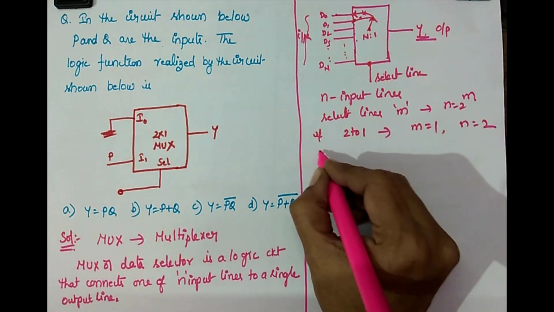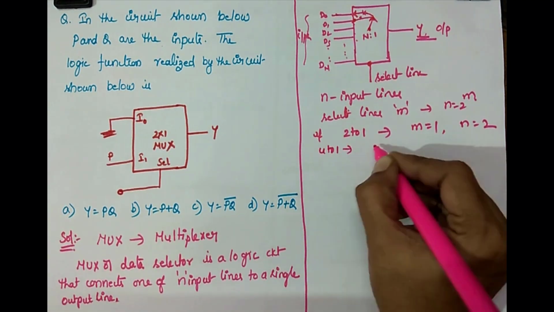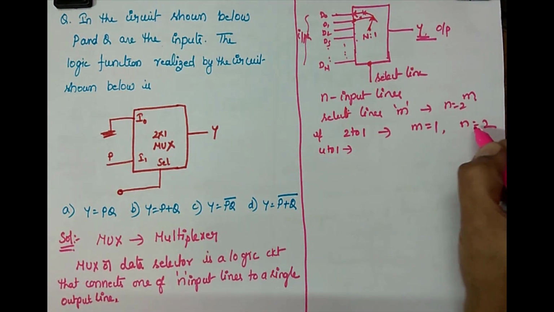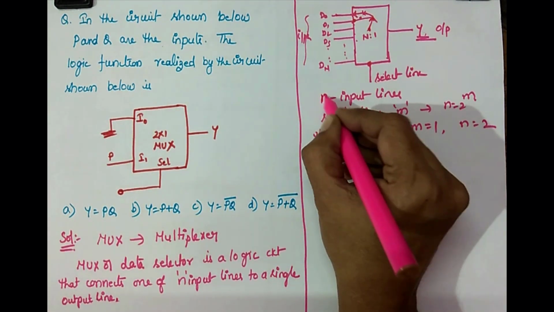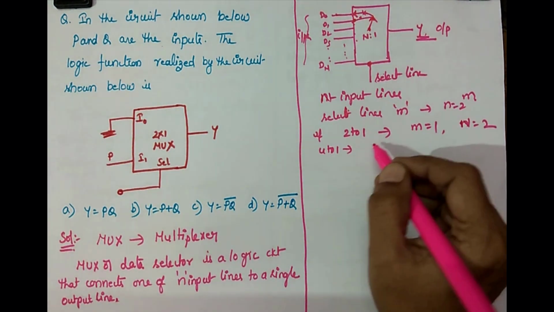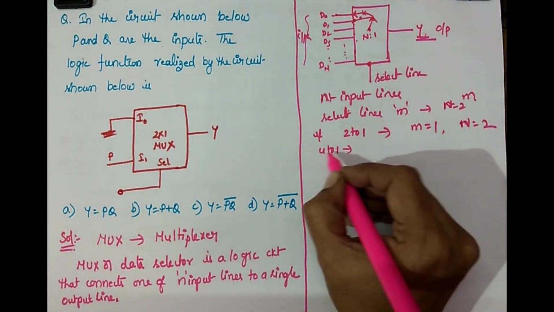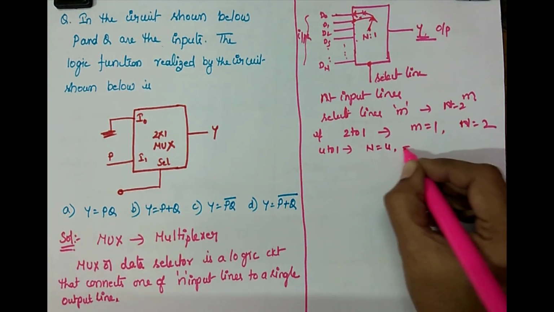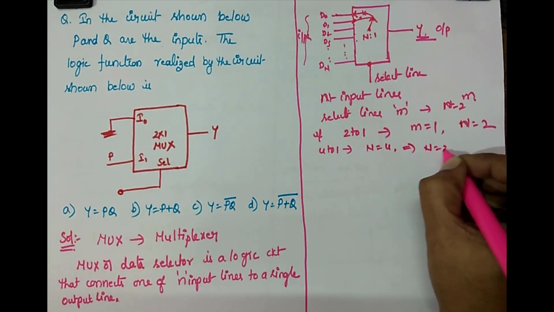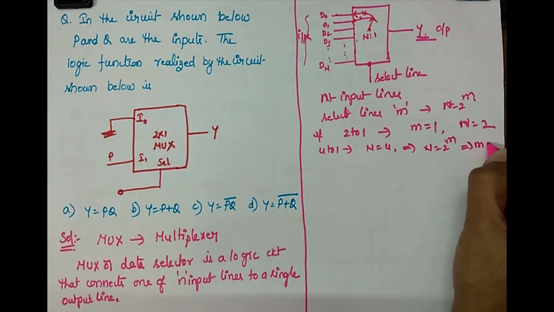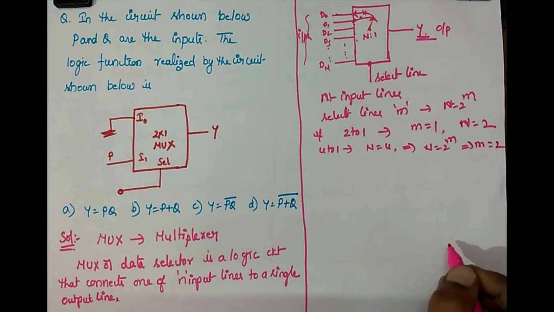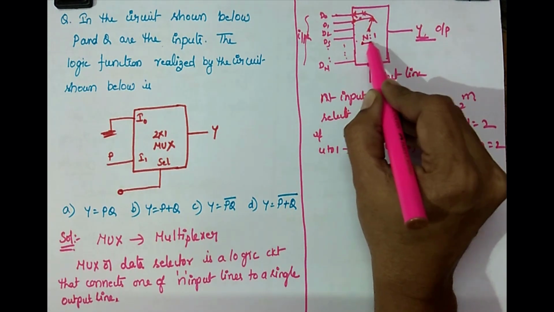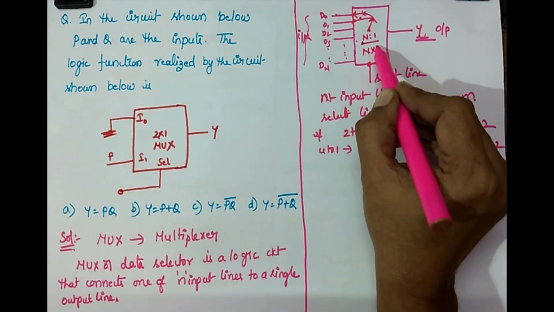Suppose it is a 4:1 mux, you can take either small n or capital N. So here 4:1 means n is 4, implies as n is 2 power m, m becomes 2. You can represent the mux either as n:1 or n by 1.